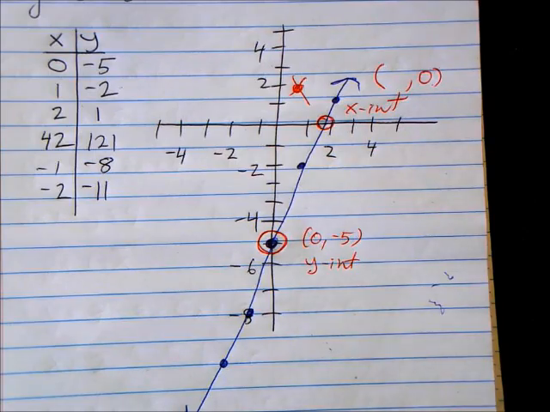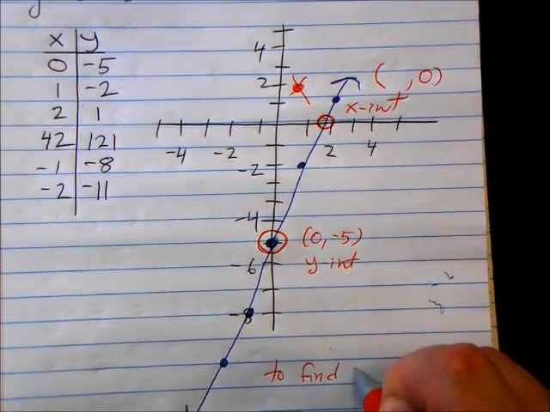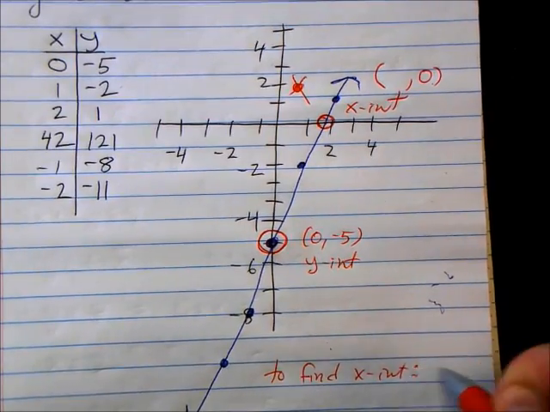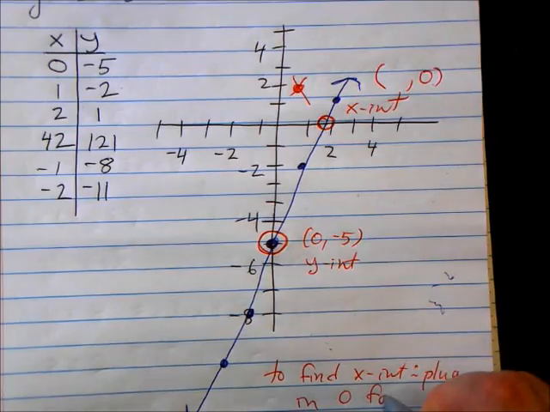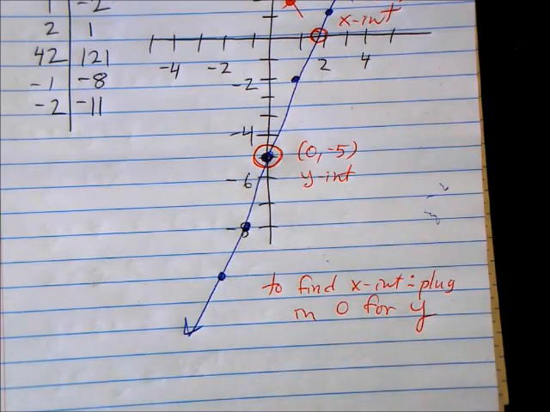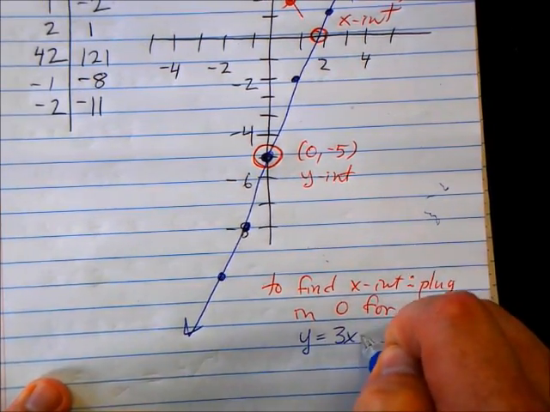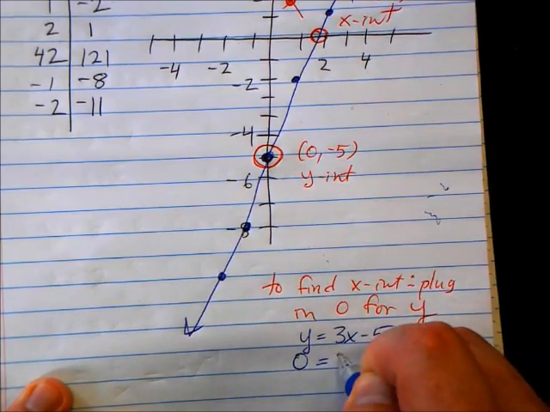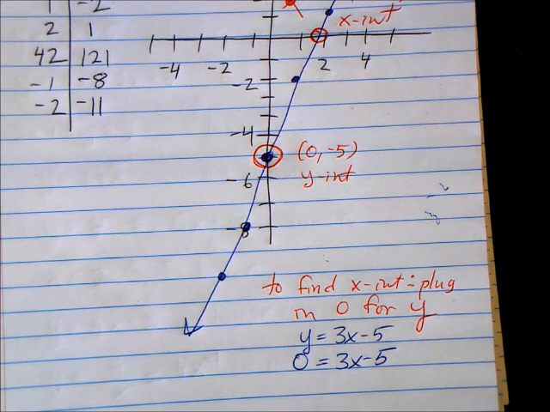So in order to find the x-intercept, I plug in 0 for the y number. So I go to my equation, y equals 3x minus 5, and I plug in 0 for y. So 0 equals 3x minus 5, and then I need to get the x all by itself.